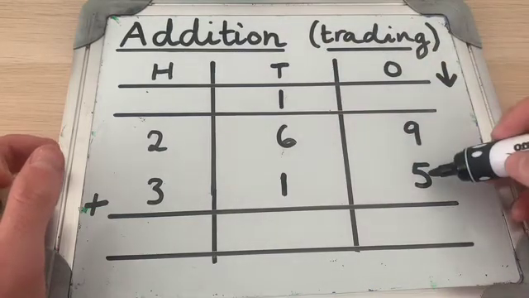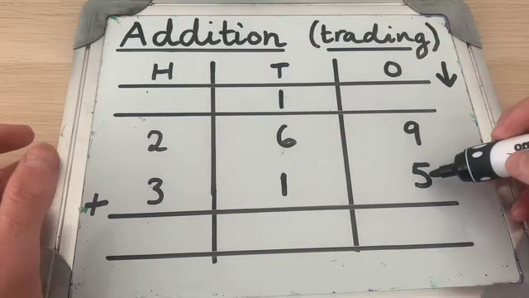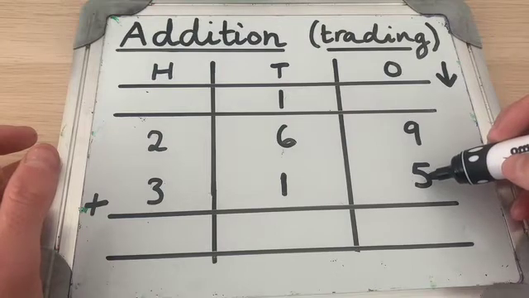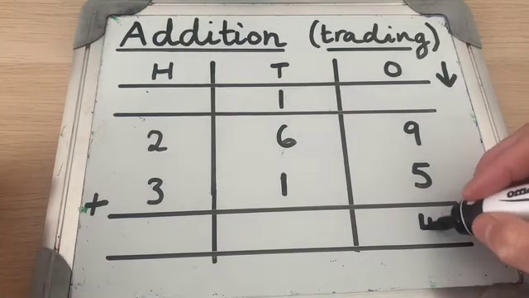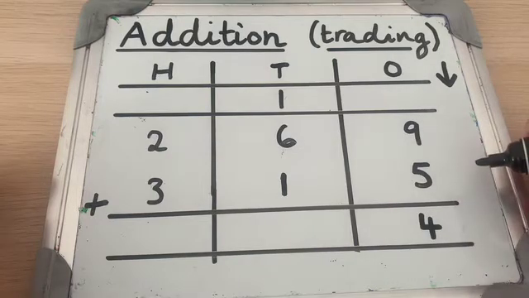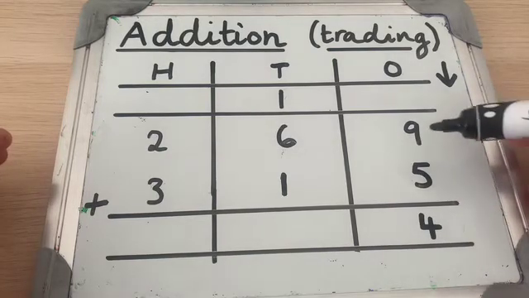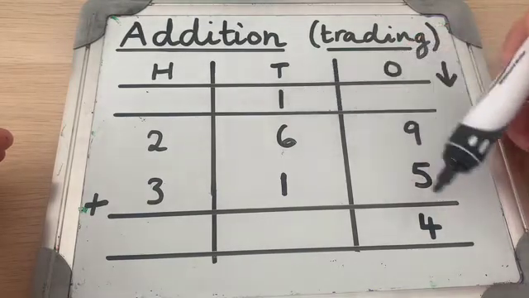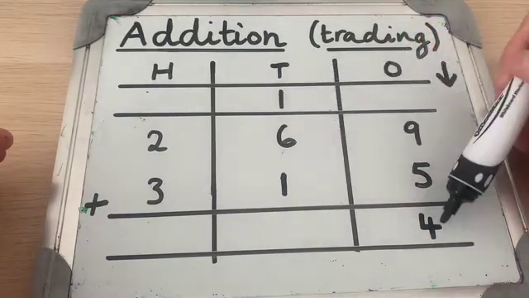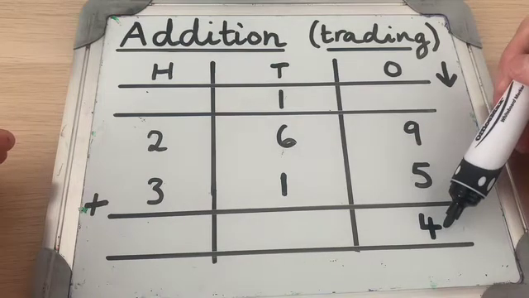Now, my original answer was 14 ones, so I've traded 10 of them. How many are left? 4 ones are left. Sometimes I like to see, can I still see the number that I had? So 1 10 and 4 ones is 14. So I can still see that number.